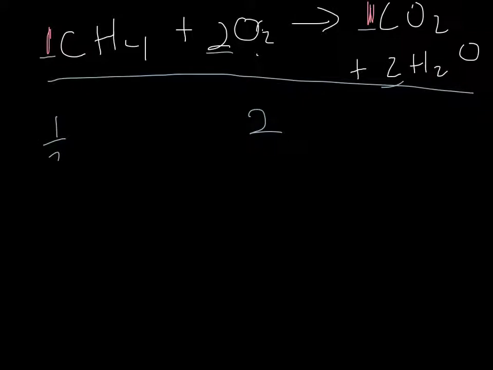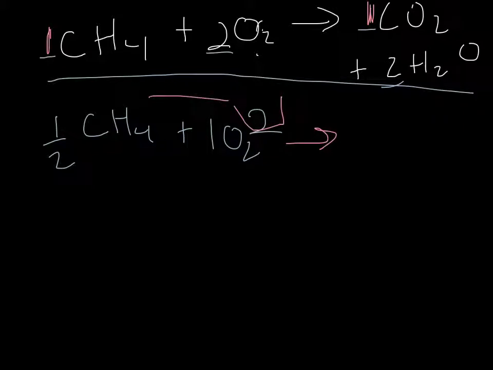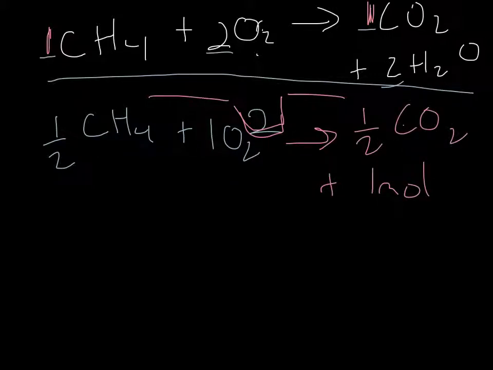If you have half a mole, because you can't have half a molecule, but you can have half a mole of CH4 plus 1 mole oxygen, and that's going to yield 1/2 CO2 plus 1 water. You don't need to write mole in, but there you go.